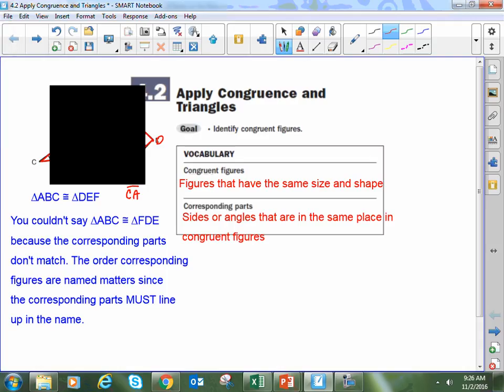I said segment CA, which is the third letter, then the first letter. So the way I will name the second one is the same way. I will look at the third letter, then the first letter, so I would say FD. Okay? So pay attention to how you're naming your figures, put them in the correct corresponding order, and everything should be okay.